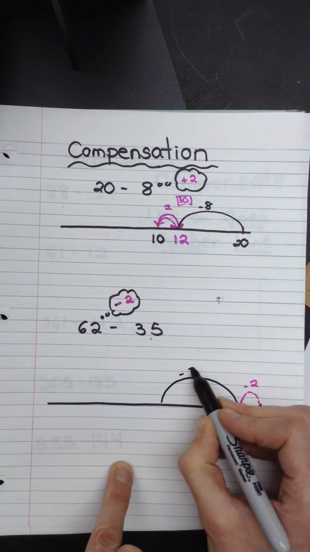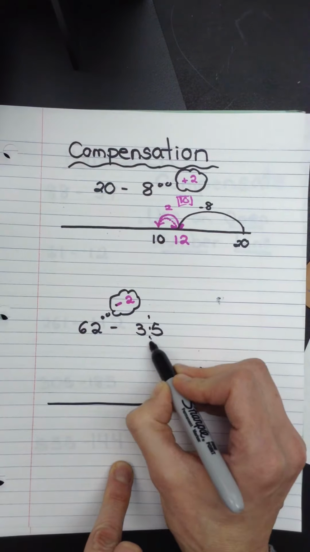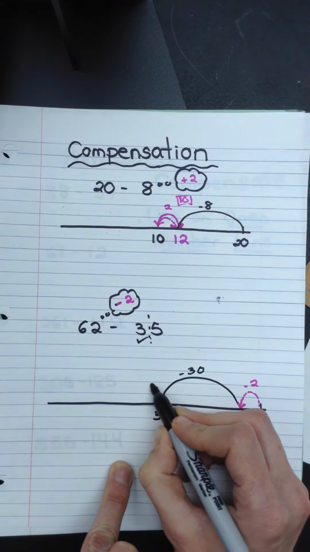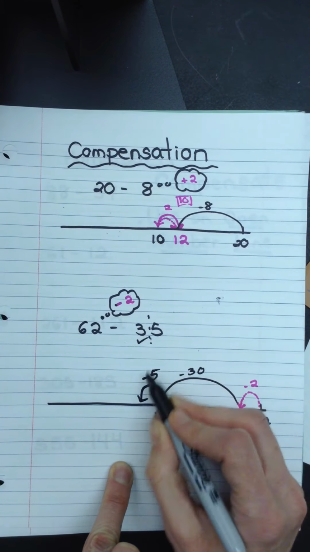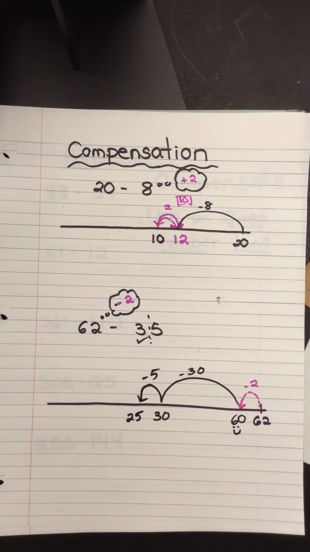60 minus 30 will give me 30. And now I did the 30, got to do the 5. Minus 5, there's my minus 35. 30 minus 5 is 25. But really, now I have to take care of this.